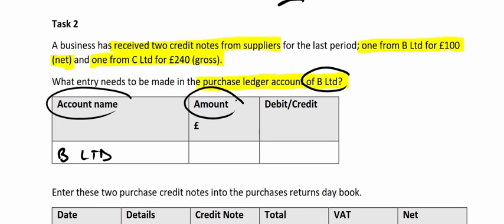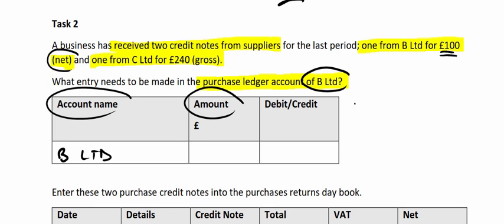The amount that I will post to that account, well, the figures recorded in the purchase ledger are actually always gross. Because in terms of what you owe a supplier, if a supplier sends you an invoice, you owe them the full gross value of the invoice, including VAT. Now bear in mind, the £100 that the credit note was for was actually a net figure.